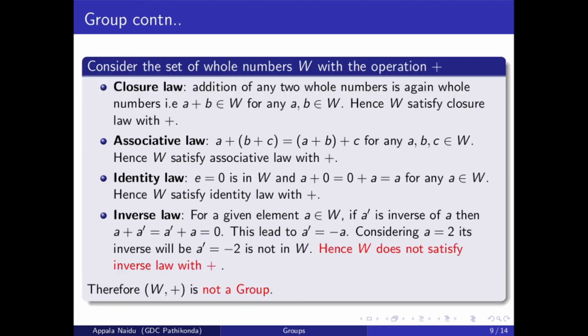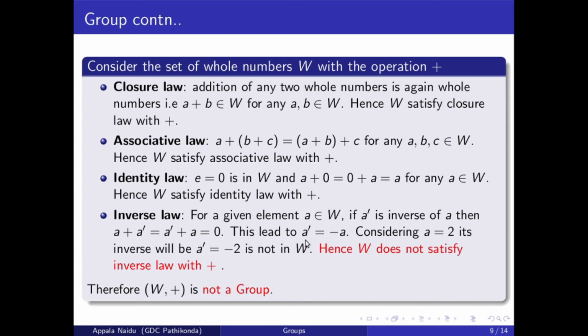Now let us see some examples of group. So we already have seen that the set of whole numbers is a monoid because it satisfies closure law, associative law, identity law. However, for any element a in W, we look for an inverse a prime with the operation plus: a plus a prime equal to a prime plus a equal to 0.